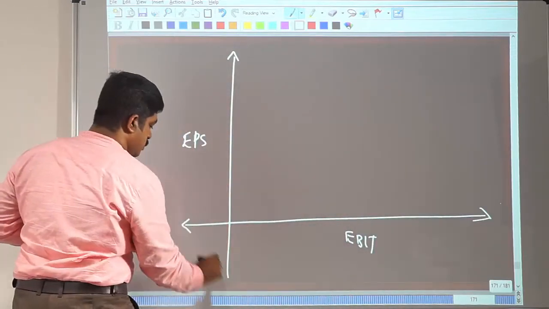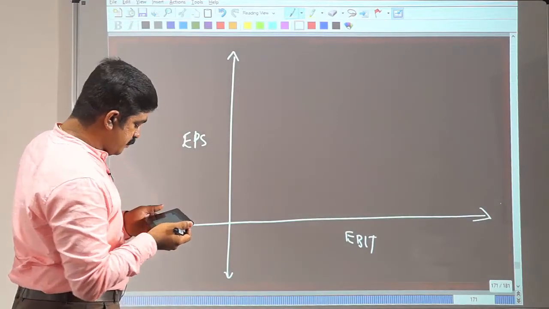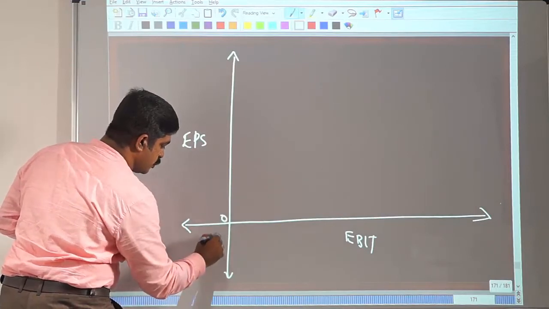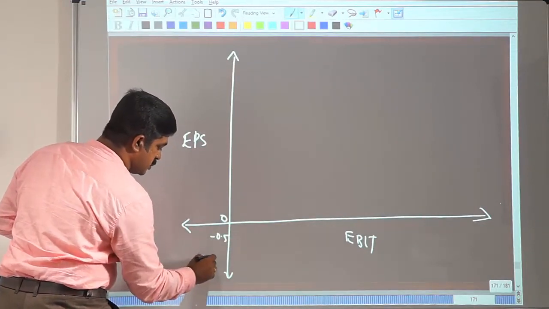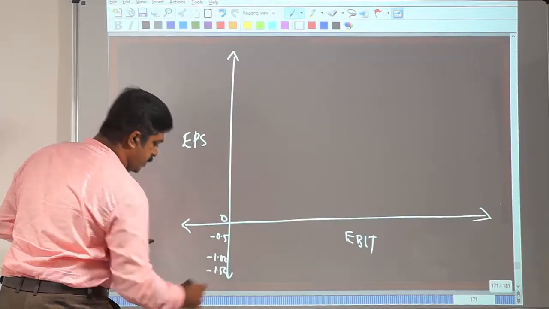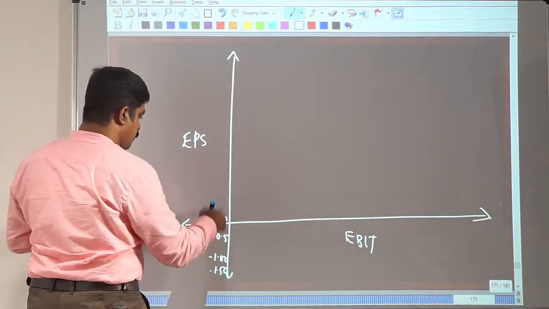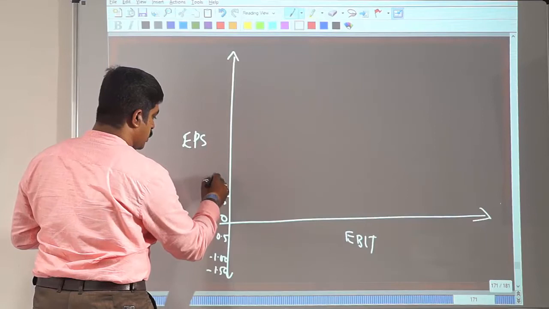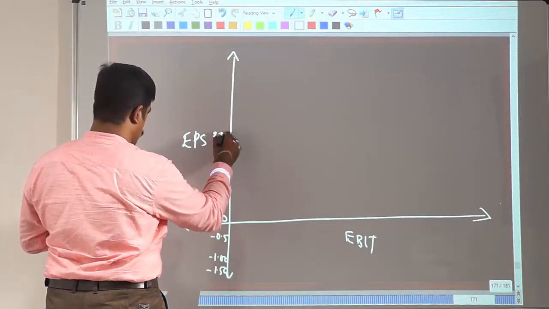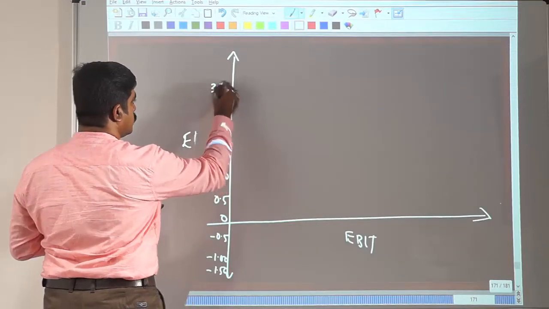For EPS, I'll start with 0, then 0.5, so I'll have minus 1, and it goes up to minus 1.5, and in the positive zone 0, 0.5, 1, 1.5, 2, 2.5, and it goes up to 3.